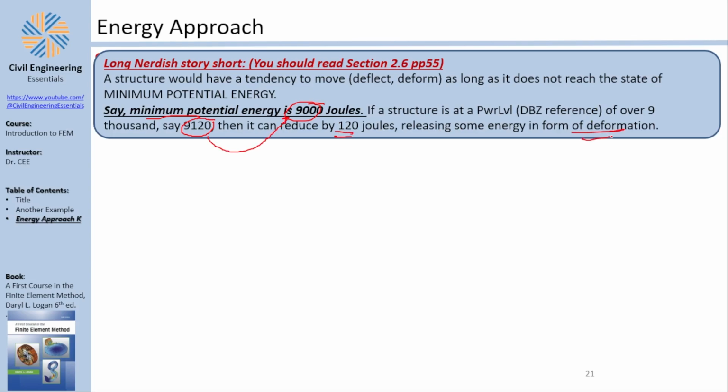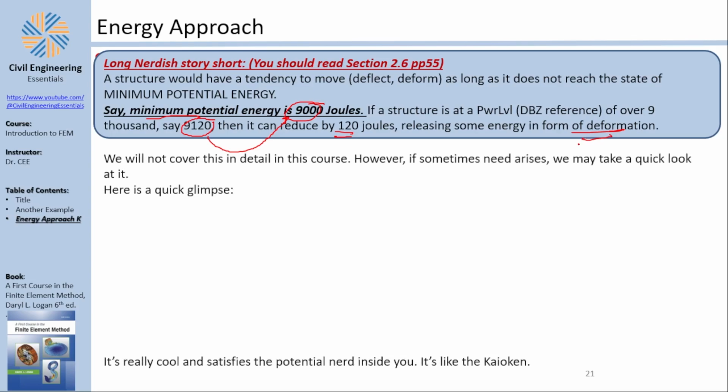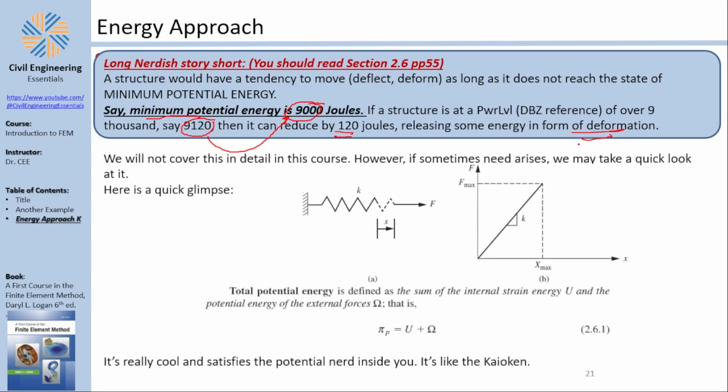So when do you stop deforming? When do you reach static equilibrium and stop any movement? You reach static equilibrium and stop any movement when you reach the minimum potential energy. That's the idea. So basically, a quick glimpse about this is you can find the potential energy of the spring movement and of the external forces, and then try to minimize this by saying d pi over du, for example, equals 0.